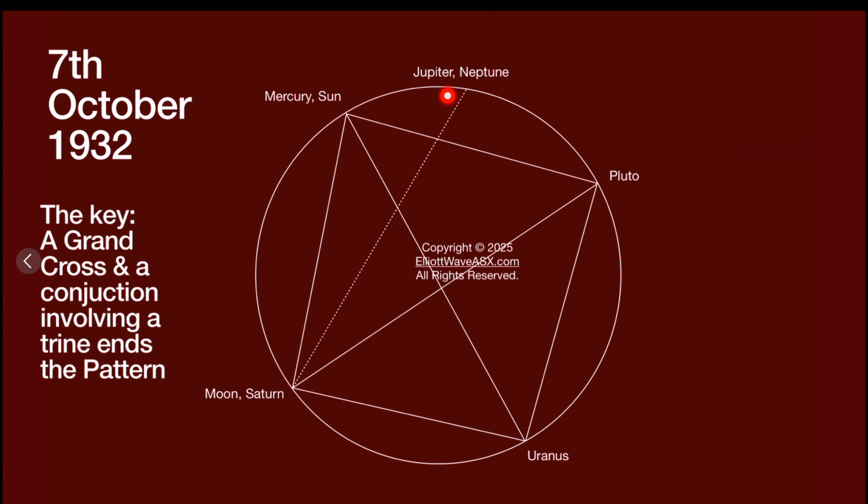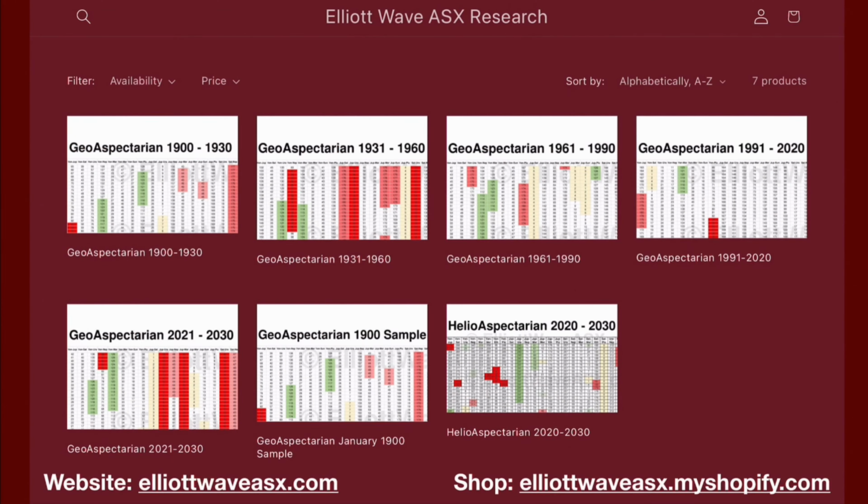So we've got Jupiter-Neptune conjunct, trine Saturn and Moon, and it's actually a part of the grand cross, so it is square Uranus and square Mercury-Sun conjunct.